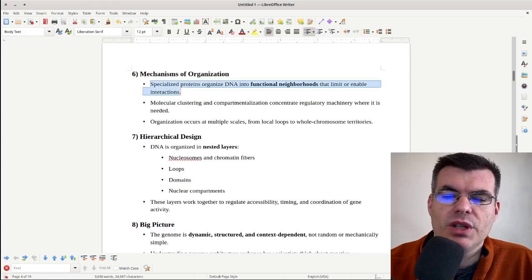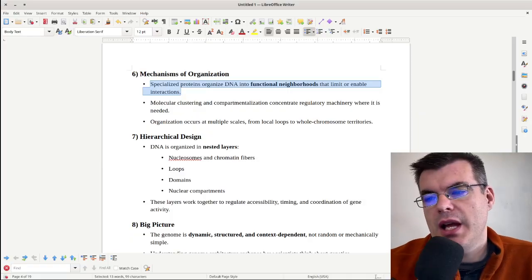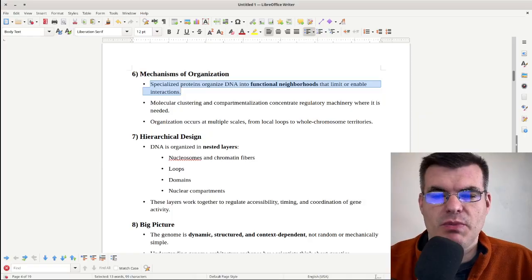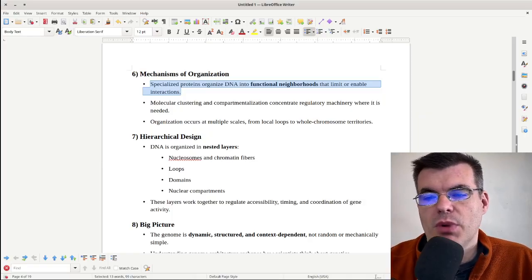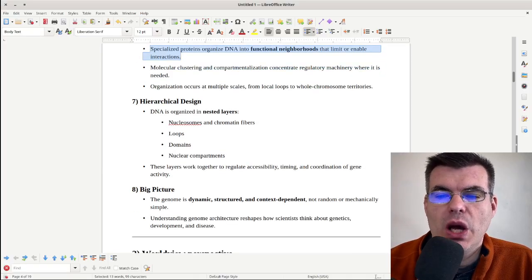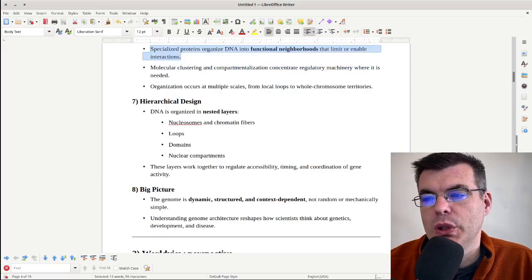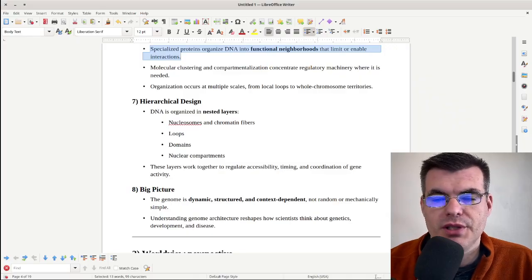Mechanisms of organization. Spatial proteins organize DNA into functional neighborhoods that limit or enable interactions. Molecular clustering and compartmentalization concentrate regulatory machinery where it is needed. Organization occurs at multiple scales, from local loops to whole chromosome territories.